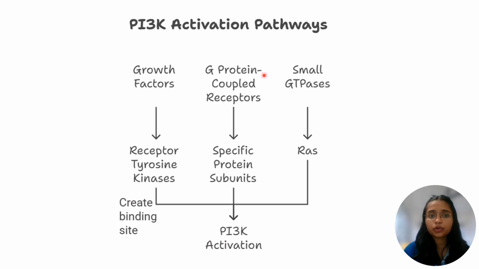Also, the G protein coupled receptor binds with a specific protein subunit and starts the PI3K pathway, and some small GTPase activates the RAS protein, and this RAS protein starts PI3K activation. In this way, this pathway can be activated through various mechanisms.